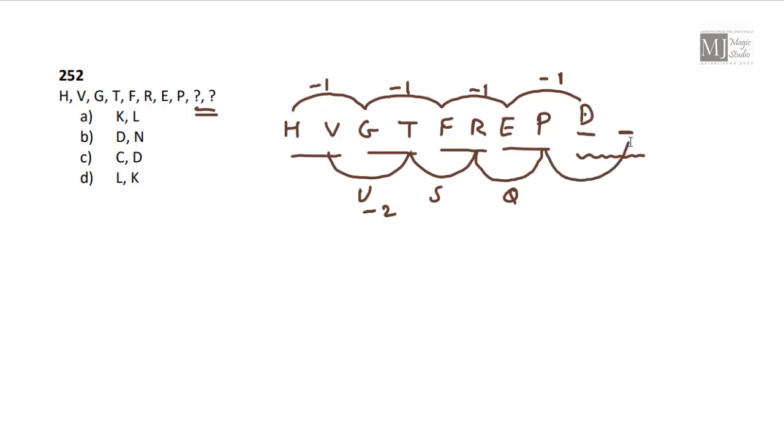So P minus 2 position should be N. N O P Q R S T U V. D E F G H. Bingo. The missing alphabets should be D and N. Yes, we have this in option B.